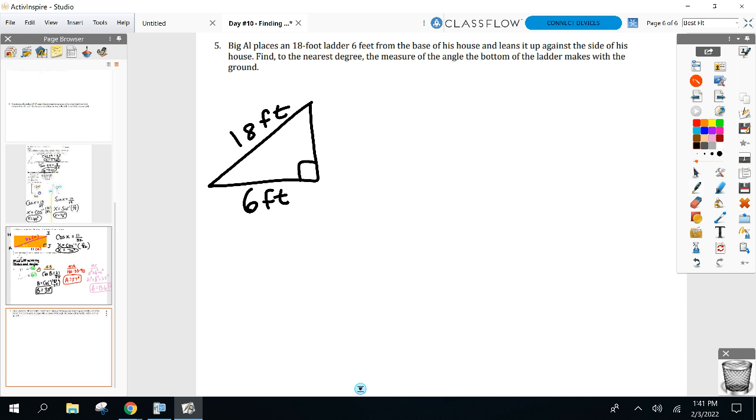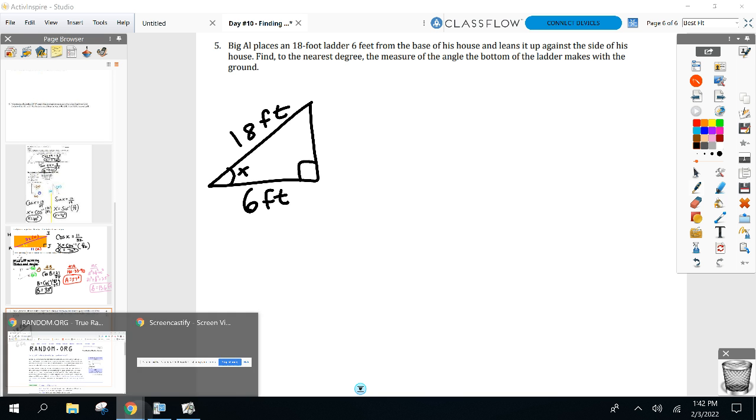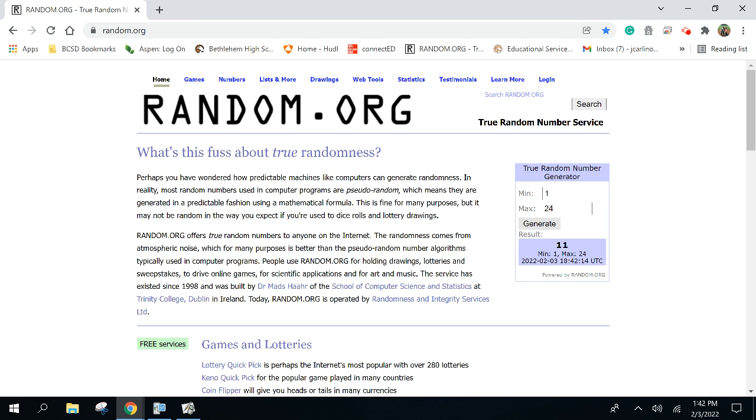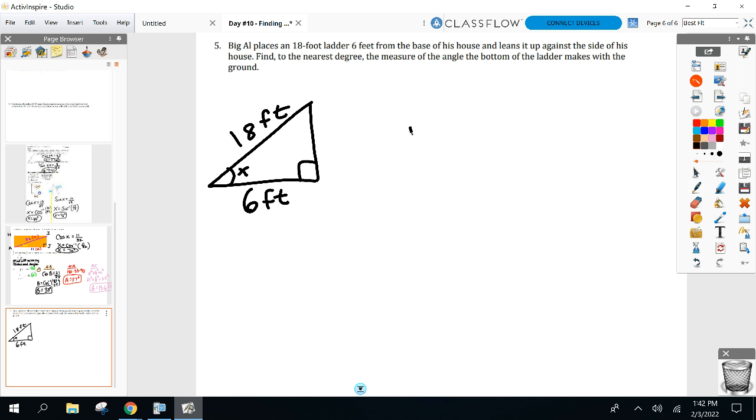Find the degree measure the bottom of the ladder makes with the ground. The ground. Hopefully we're finding this bottom angle there. I don't even want to know opposite, adjacent, hypotenuse. I'm tired of it. Just tell me what ratio you've got to use here.